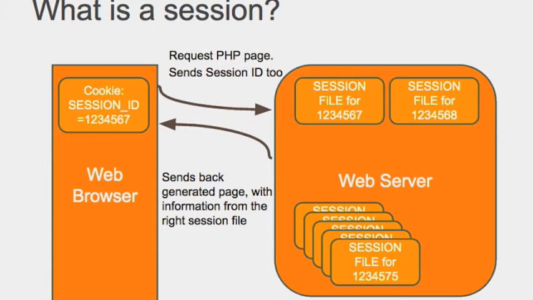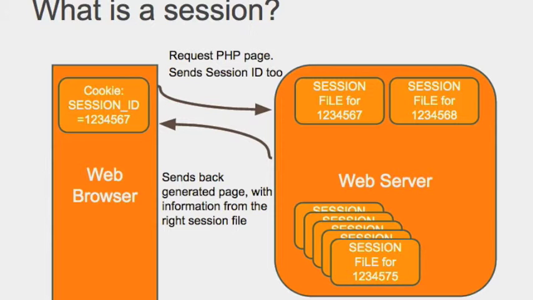You can think of it as the session ID is like a locker number, and so the web server runs, for example, rentdvd.php, and it needs to know what your username is, maybe how many DVDs you've rented. So it looks in the locker for your session file, in this case 1, 2, 3, 4, 5, 6, 7, and it can check that information.